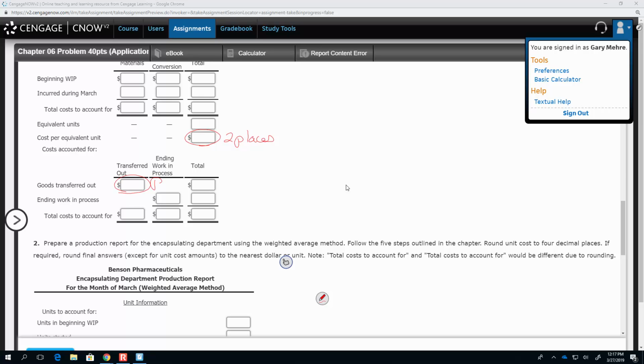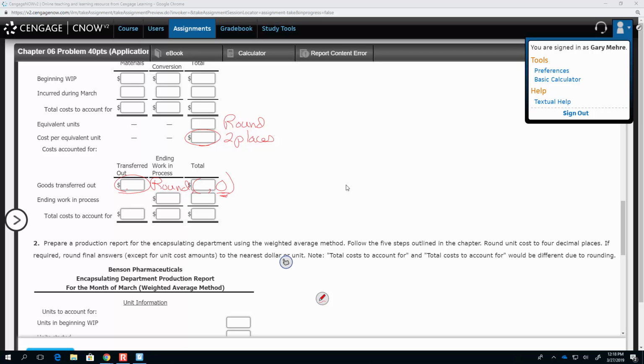The dollar amount is rounded to 0. So hold on. Whole dollars on the cost transferred out and the WIP on the other end, on the ending WIP. Your rubric tells you that same information. The cost per equivalent units round to 2 for the mixing, round to 0 for the ending.